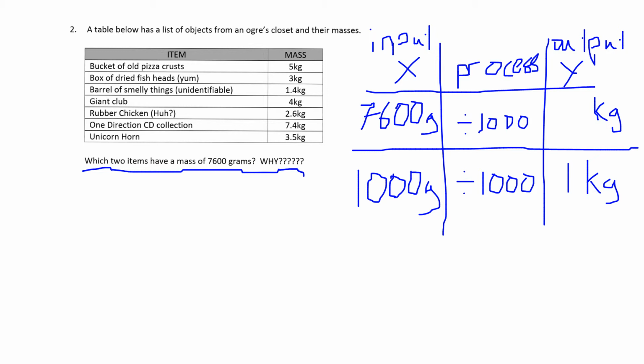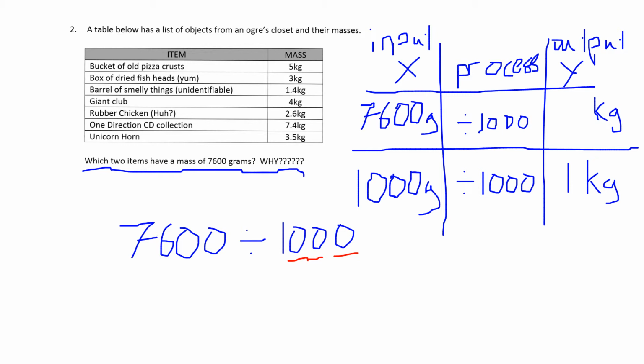So whenever you have 7,600 and you want to divide it by 1,000, you're going to notice that there are 3 zeros. There's this 0 here, this 0 here, and this 0 here in the 1,000. So when you're dividing by 1,000, you're going to move the decimal point those 3 places over.